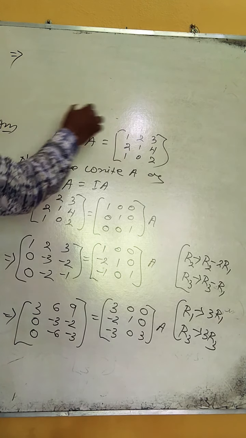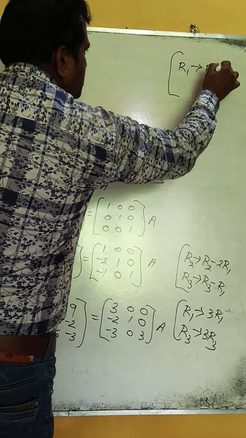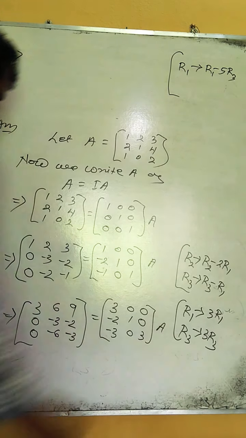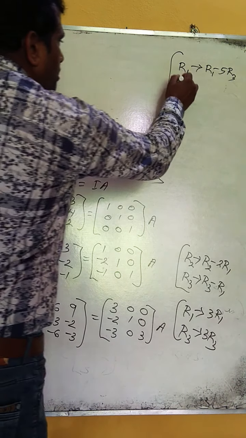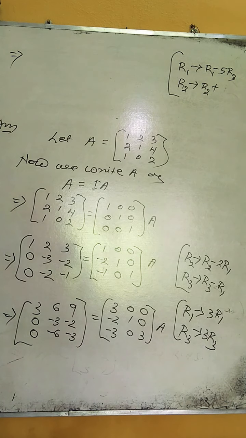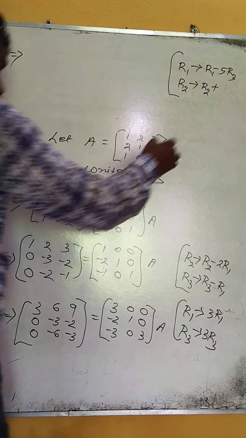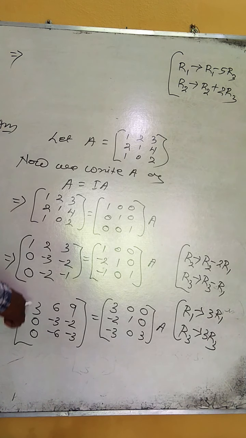That implies first row element R1 minus 5R3 and R2 becomes R2 plus 2R3.